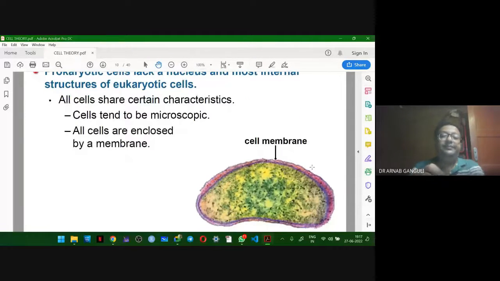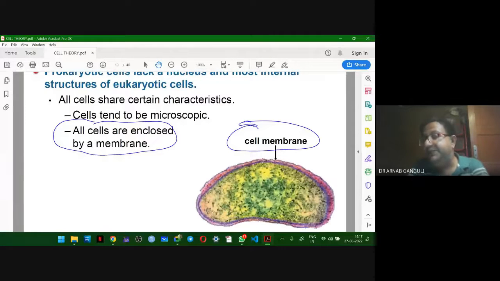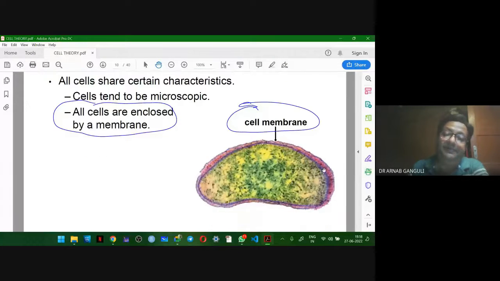Then the next characteristic is all cells are enclosed by a membrane, and that is known as the cell membrane. In many places, they may call it a plasma membrane. You possibly have already had the class on plasma membrane. So the characteristic of all cells is that they are covered by a cell membrane.